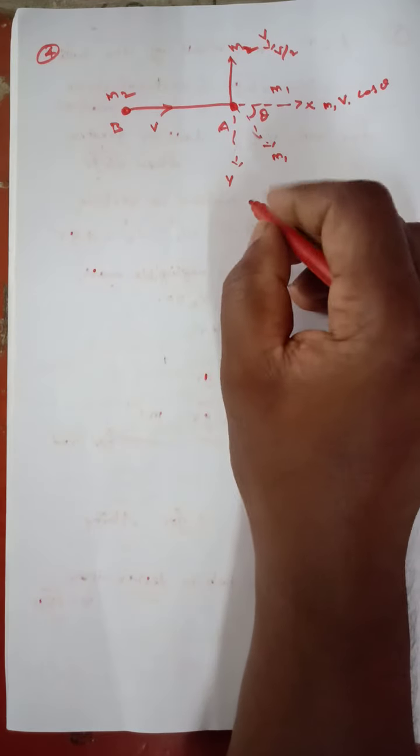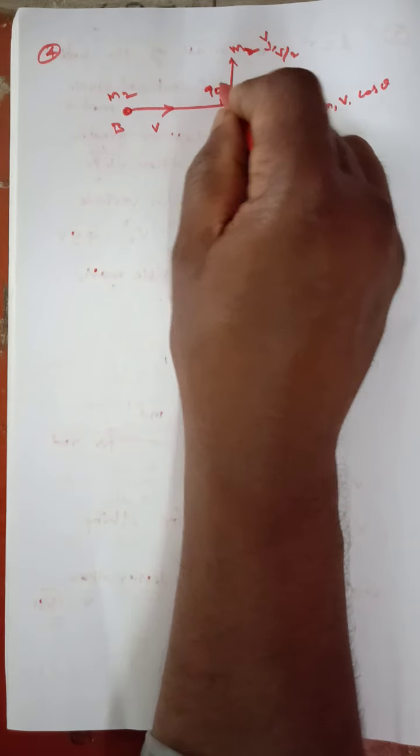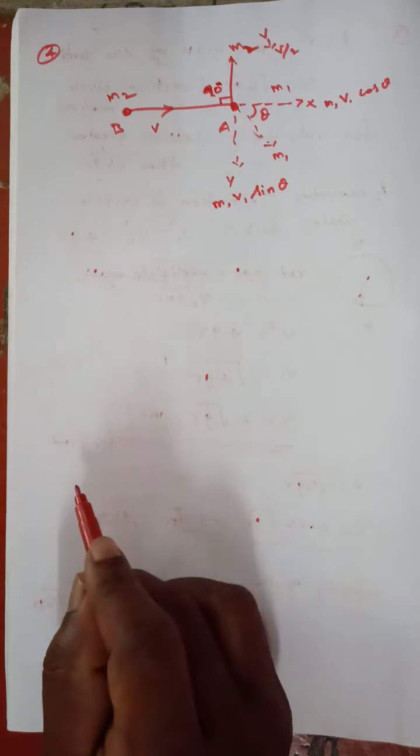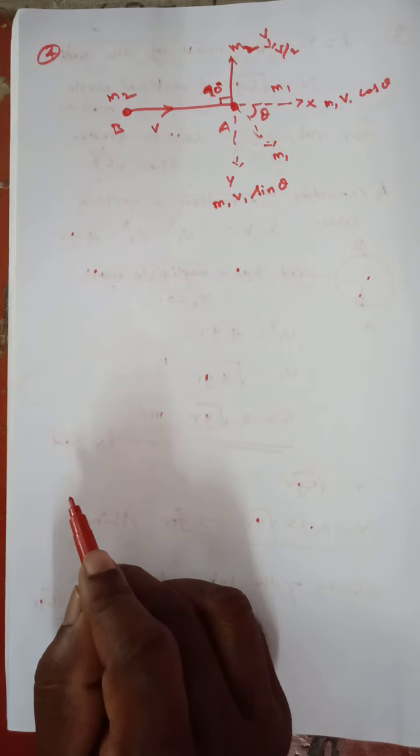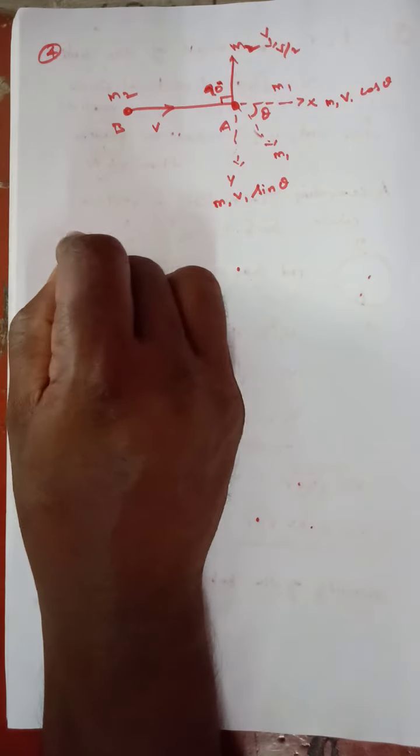So we write m1 v1 cos theta. For vertical, we write m1 v1 sin theta. Clear? This is 90 degrees. First we write the velocity of each object before collision.